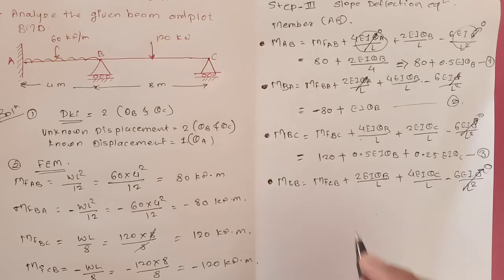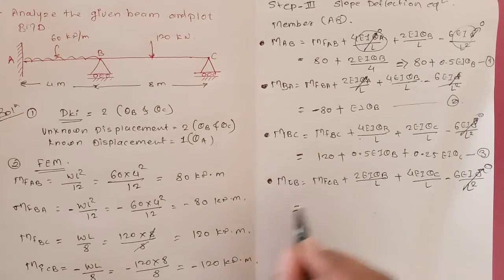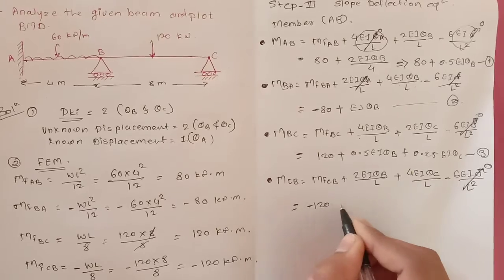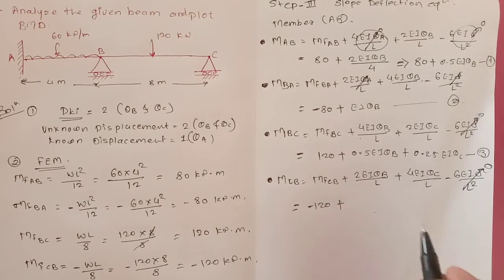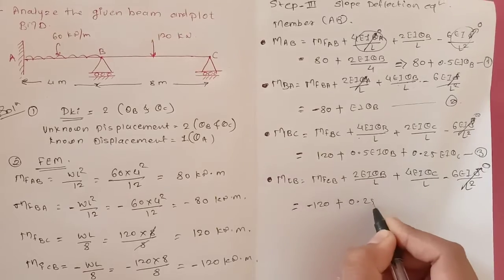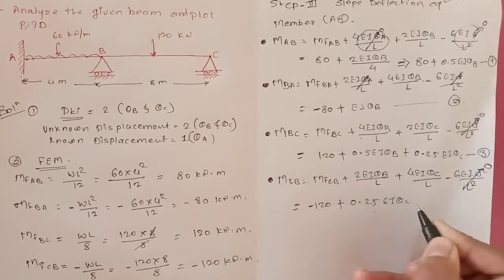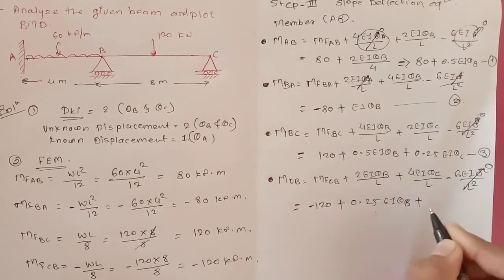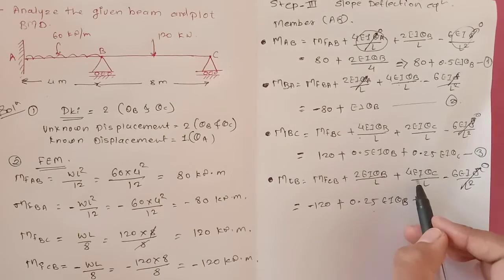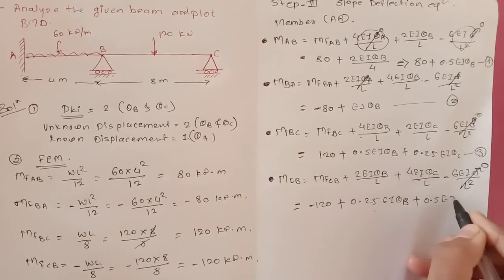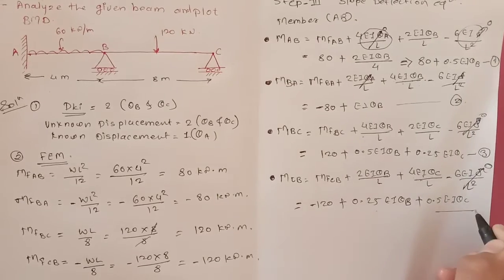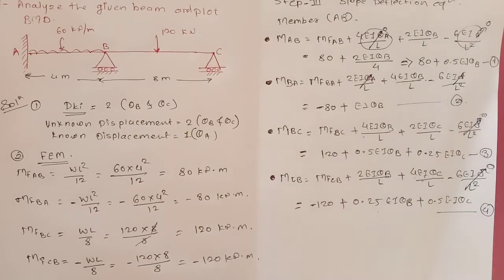So remaining is, we know that the value of fixed moment for member CB is minus 120 plus 2 EI theta B divided by 8, which is nothing but 0.25 EI theta B, plus 4 EI theta C divided by 8, which is nothing but 0.5 EI theta C. This is equation number 4. Okay.